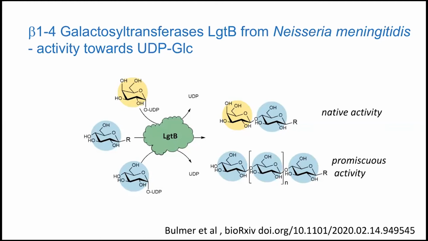And as I said, this has been widely used by scientists. The question was, would these enzymes also accept UDP glucose as a donor substrate, as a promiscuous activity?